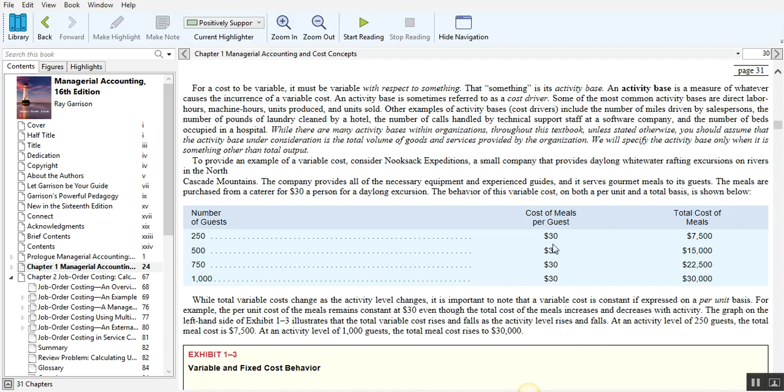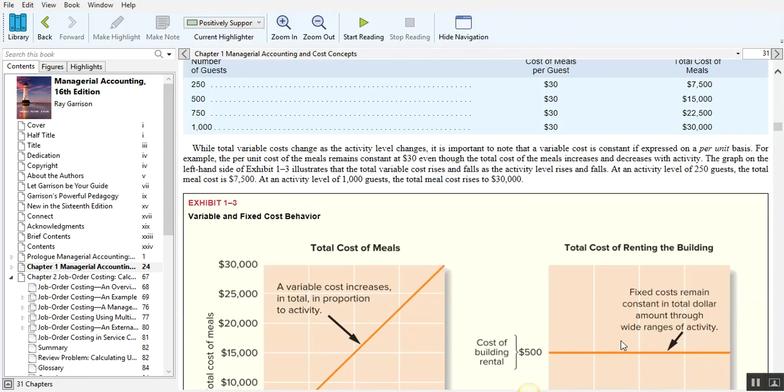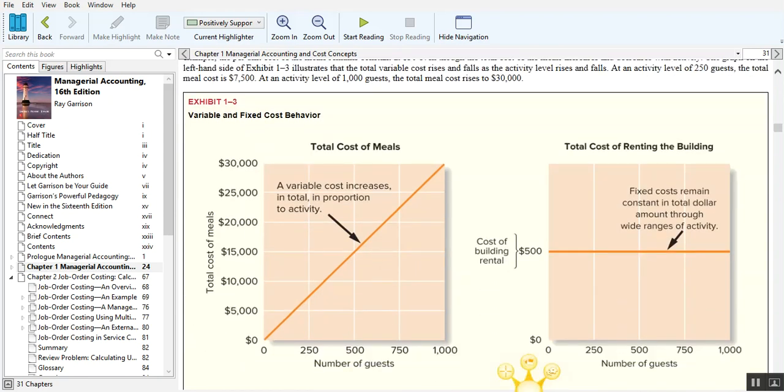It's going to be the same per meal, but the total cost of meals will vary depending on how many guests they have. So if they have 250, they have this cost. If they have 1,000, they're going to have this cost. So variable costs are going to change. And if you graph it, a variable cost will look like this on a graph. So the more you sell, the more you have in cost.